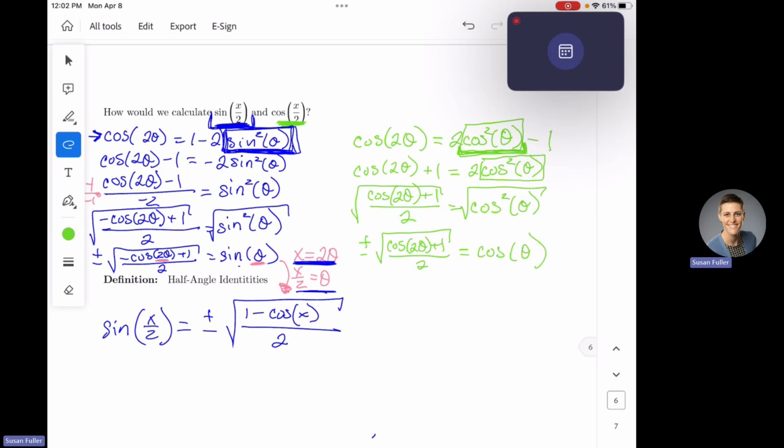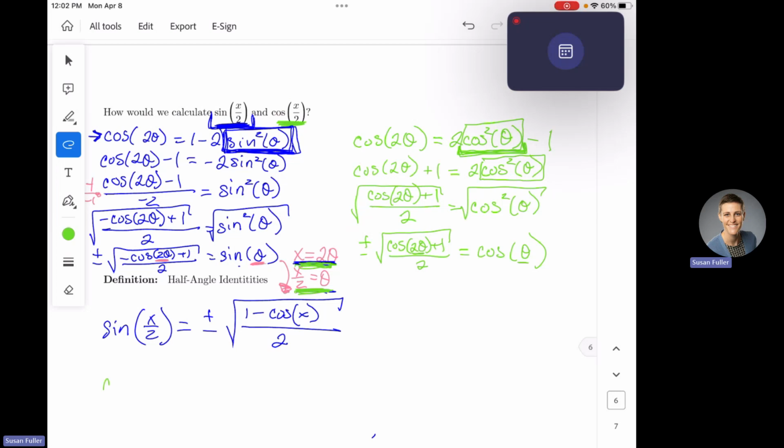And again, I'm going to make these same substitutions here. So x is 2 theta and x over 2 is theta. So I'm going to plug that in both of these.